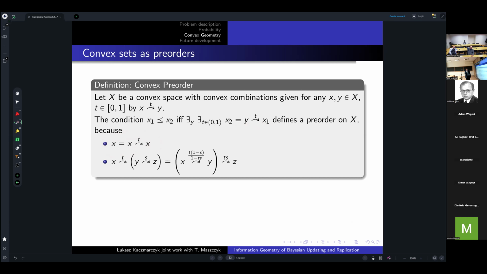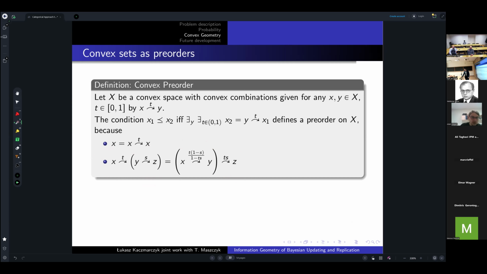It is reflexive trivially, and thanks to the identity on how the convex combination parameters change when you exchange the parentheses, it shows us that this will also be transitive.